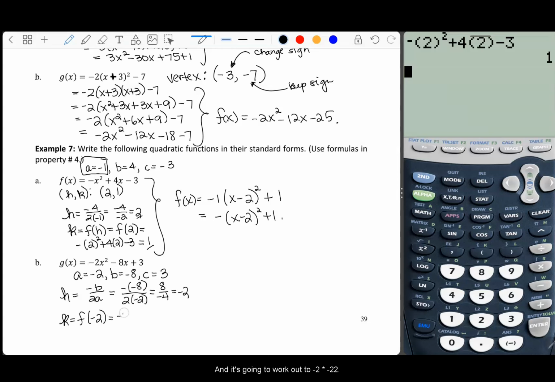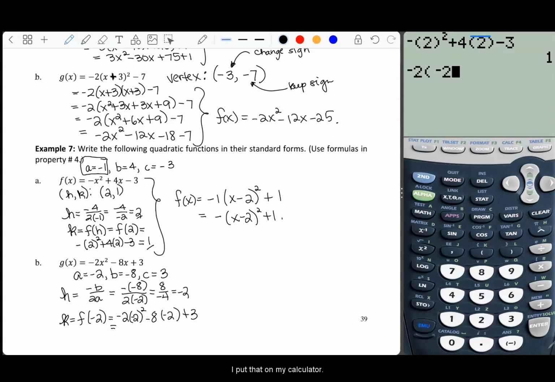And it's going to work out to negative 2 times negative 2 squared. We go back and put that negative on there. There we go. Minus 8 minus 2 plus 3. So I have negative 2 times positive 4 plus 16 plus 3.